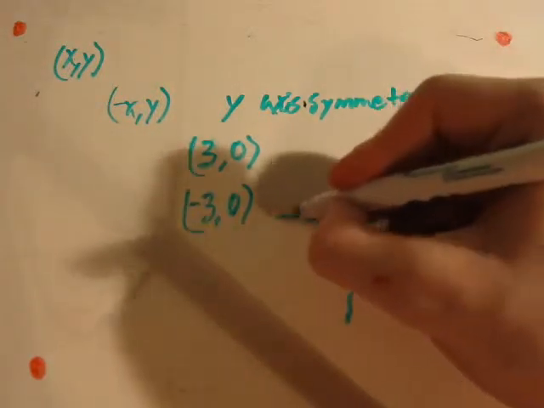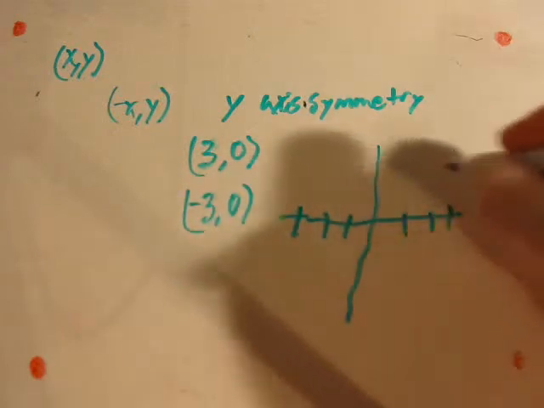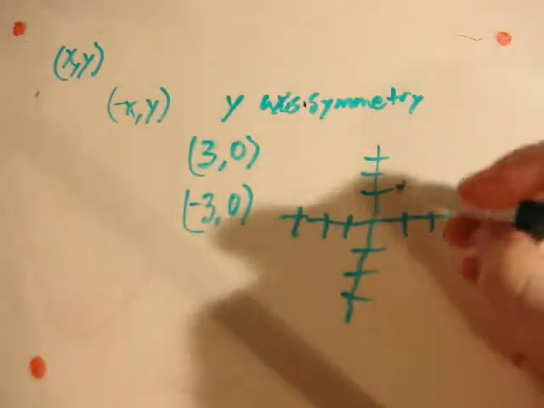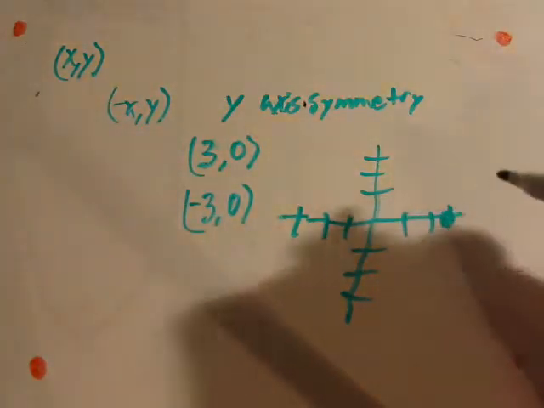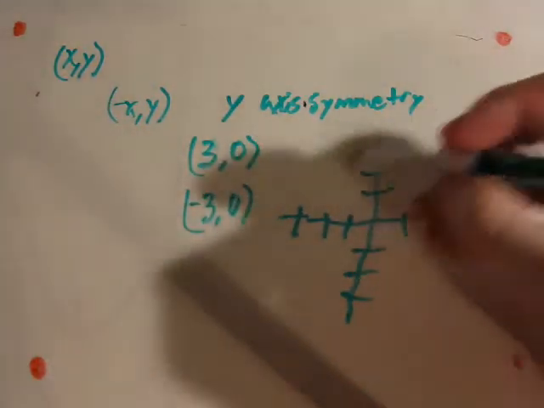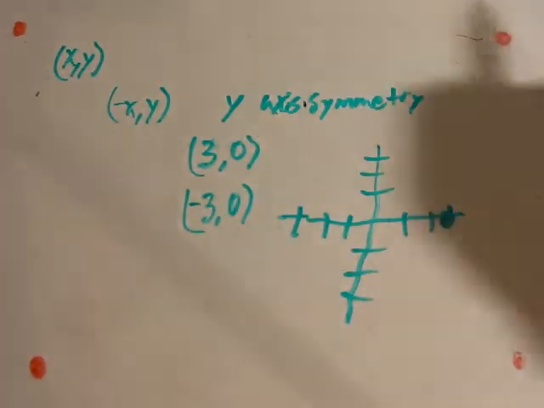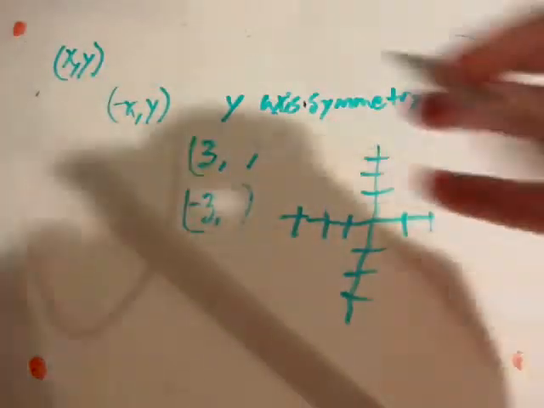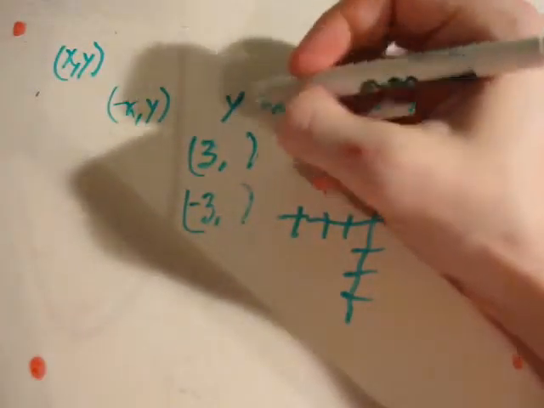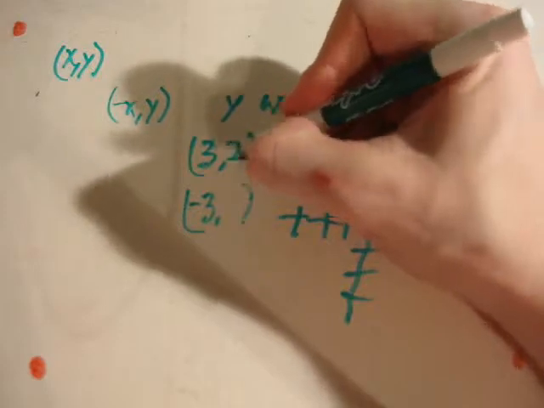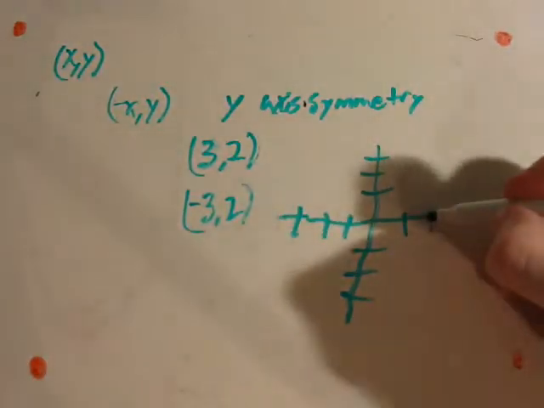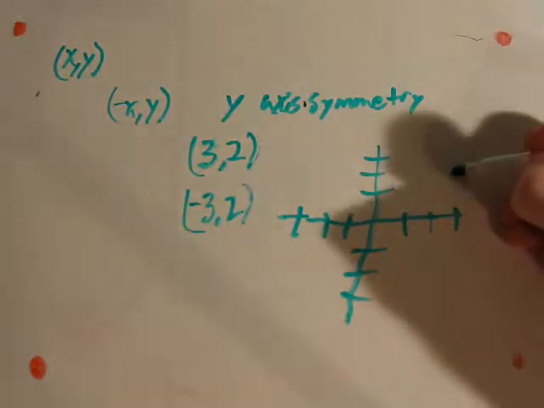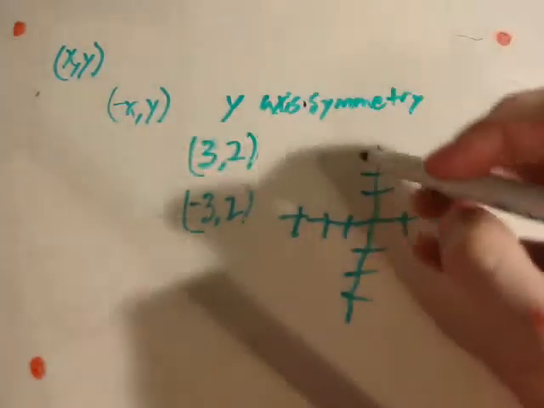Quick sketch. Three, 0. Actually, it's probably better to show you when this isn't 0. Say 2. So 3, 2, and negative 3, 2.